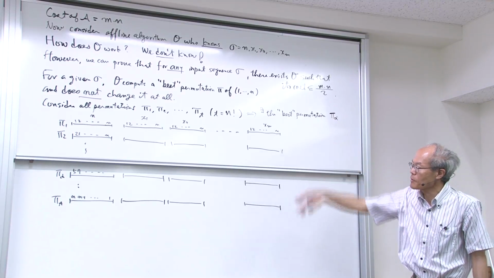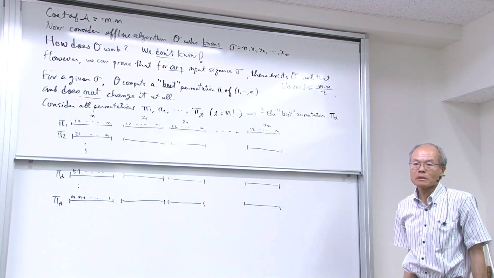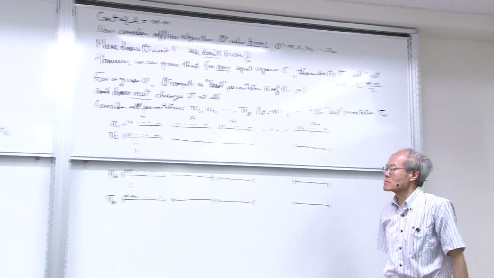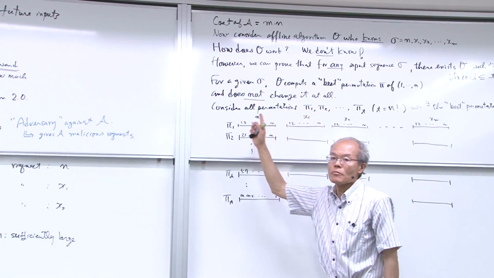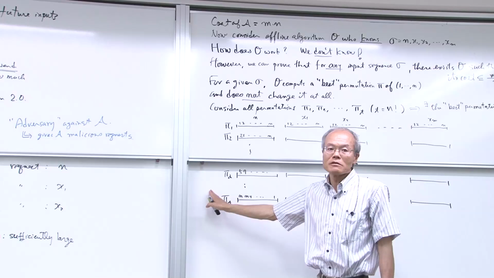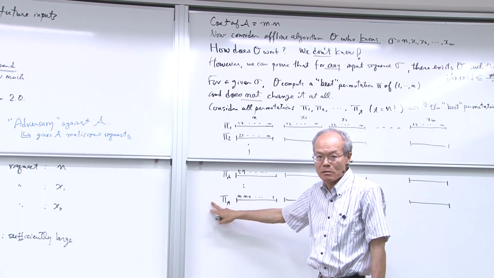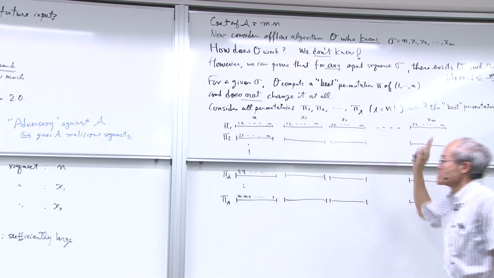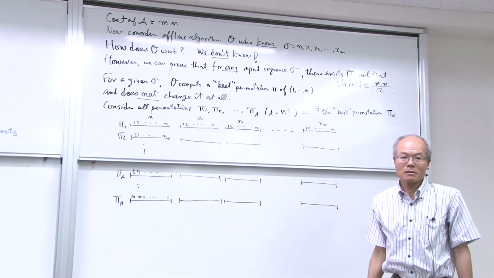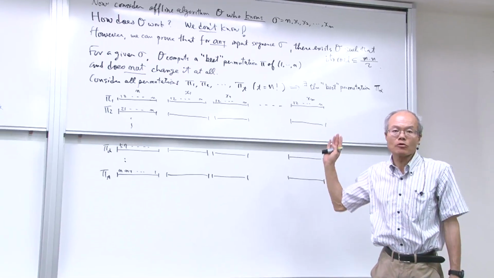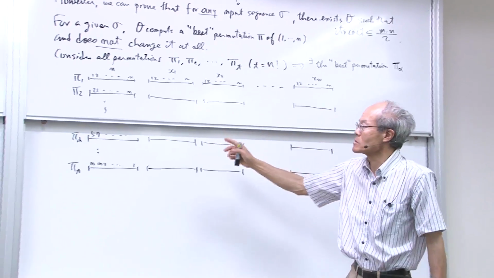The algorithm O computes one of these permutations that should be best for this sequence. Then we don't touch it; the whole sequence stays the same.